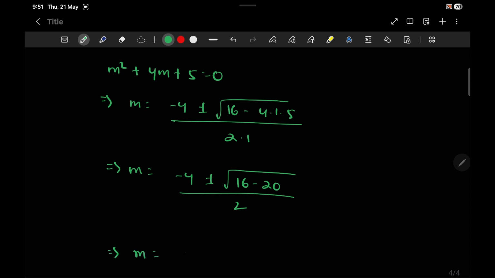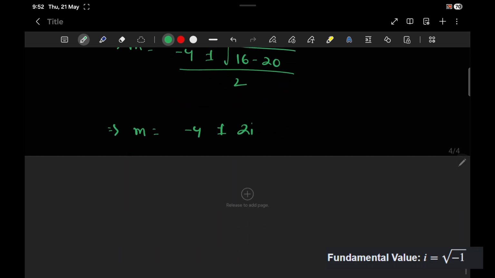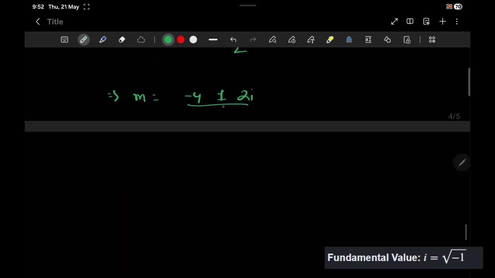So m will be -4 ± √(16 - 20), that is 16 - 20 is -4, and the square root of -4 is 2i, right? 2i divided by 2, that implies m = -2 ± i. So m is -2 + i and -2 - i.